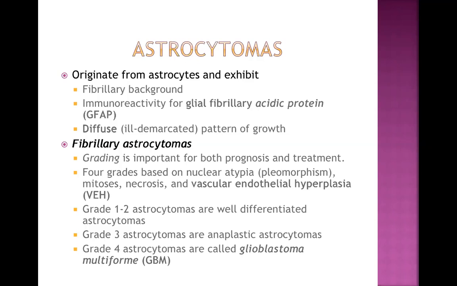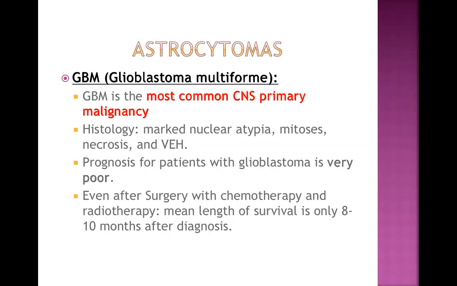Now, let's know a little bit about this glioblastoma multiforme. This is the most common central nervous system primary malignancy. Now look at this point here. This is the most malignant central nervous system tumor, but this is the most common among all. That shows the prognosis of central nervous system tumor.